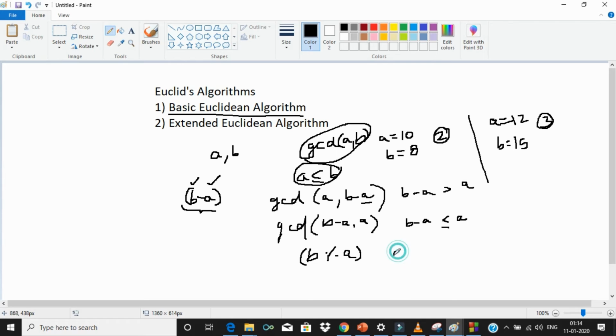We basically need to find at every step the GCD of b modulus a comma a, because definitely b modulus a is going to be smaller than a itself. So we will continue finding this GCD recursively until this b modulus a becomes 0.